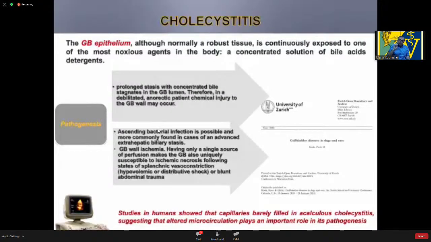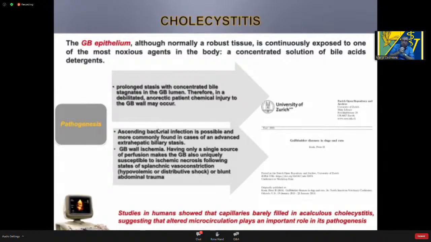But ascending bacterial infection, which is very often registered and commonly found in cases of old or advanced extrahepatic biliary stasis, can also be a main cause of cholecystitis.